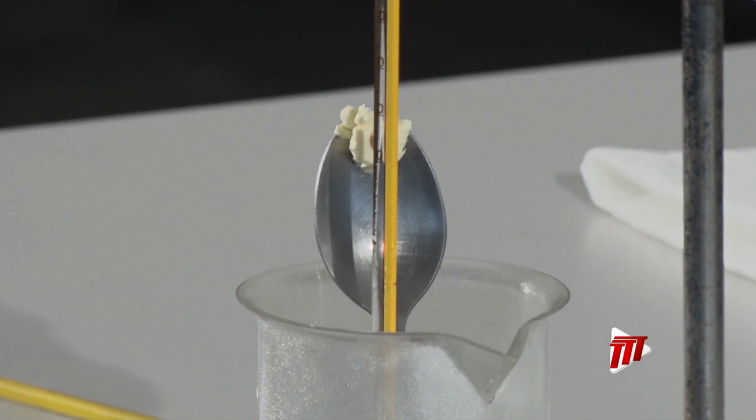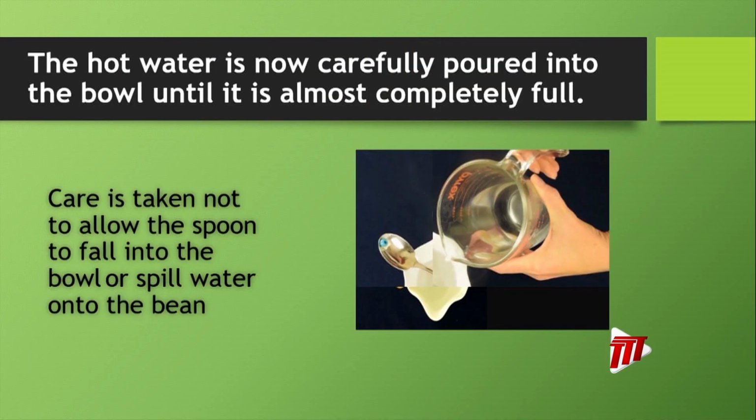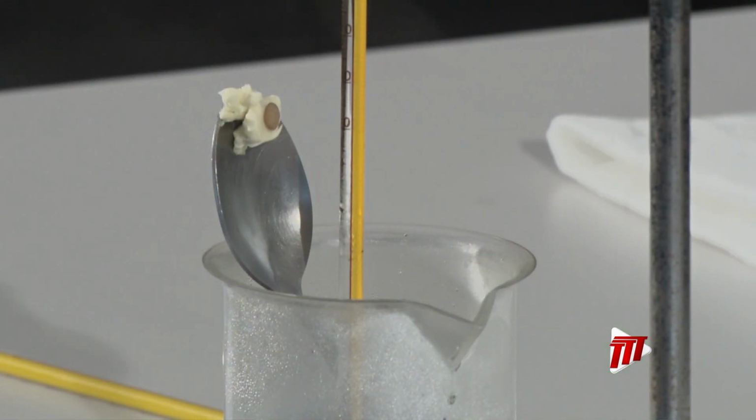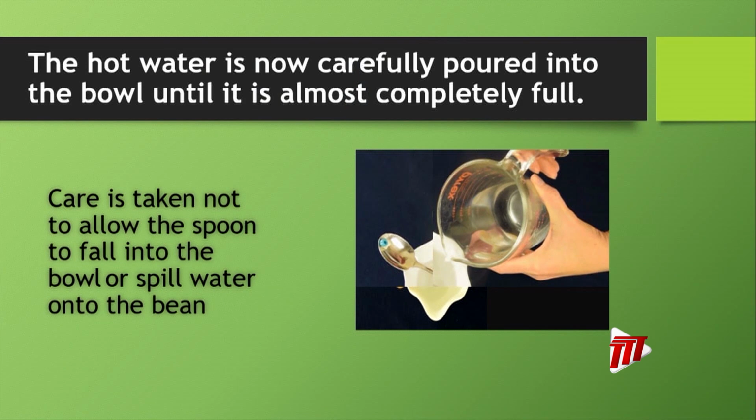Again, we have the hot water there in the beaker, same amount, and at this point safety is always our main concern. If you are doing this at home, make sure an adult is with you and they are using the hot water. We have our concerns here with the hot water, making sure that the spoon doesn't fall into the beaker.